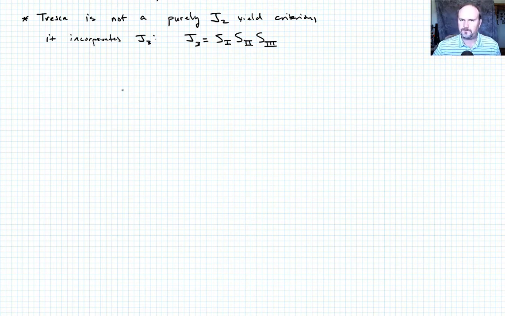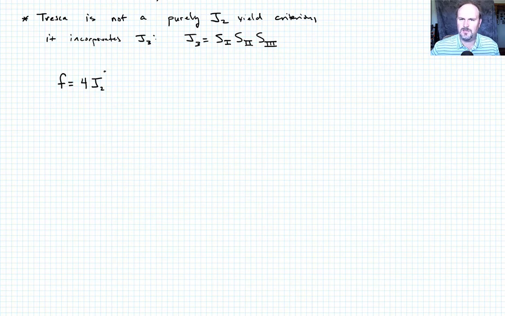So in that case, if we wanted to write the Tresca in terms of invariants, it actually is a complicated equation, and we don't use this equation because it is complicated. But I want to show you that it's still related.